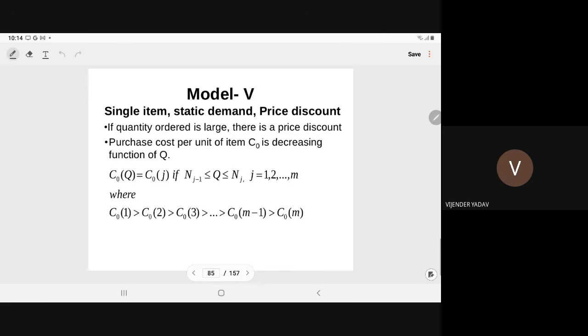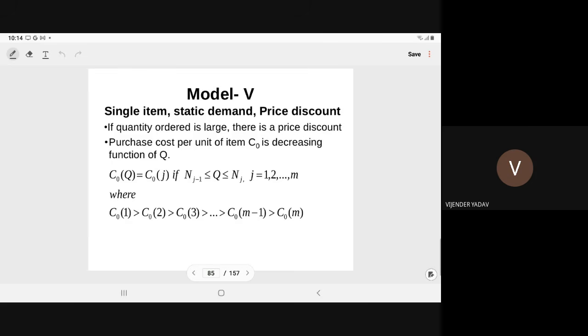Now we have another model, model 5. Till now we have studied model 4. In all the models, we have static demand, a constant delivery rate, either infinite or constant, and whether back order is allowed or not allowed.